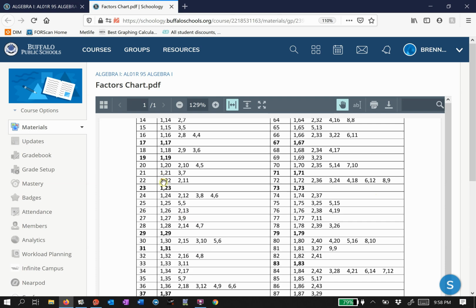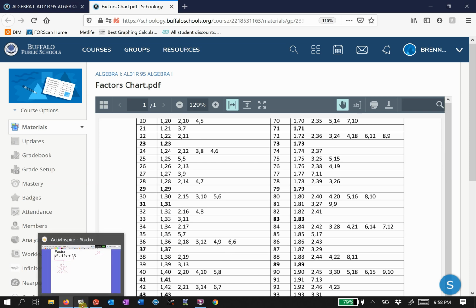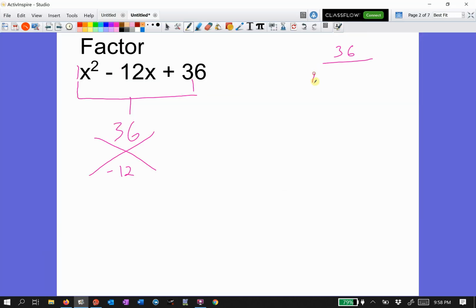We're going to come over here and find 36. 36 is 1 and 36, 2 and 18, 3 and 12, 4 and 9, and 6 and 6. It gives me the same exact numbers.